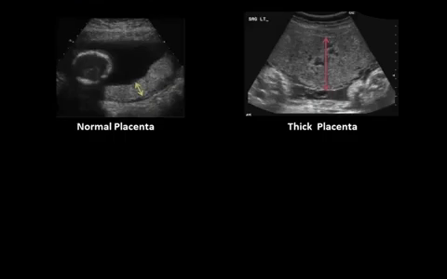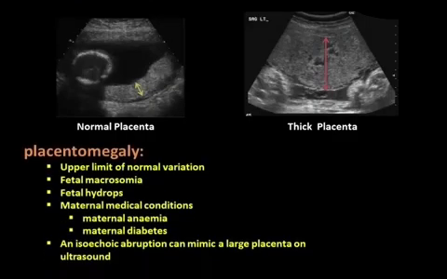An abnormally increased placental thickness falls under the spectrum of placentomegaly. This can happen with a number of conditions, and is associated with increased risk of placental insufficiency. Causes of placentomegaly include upper limit of normal variation, fetal macrosomia, fetal hydrops, and maternal medical conditions like maternal anemia and maternal diabetes.